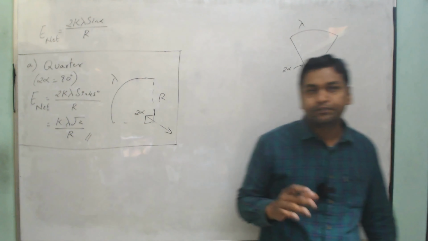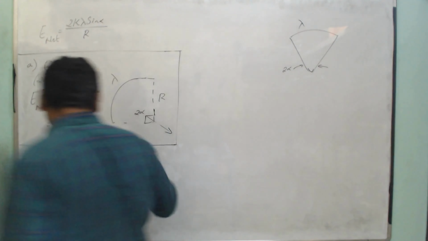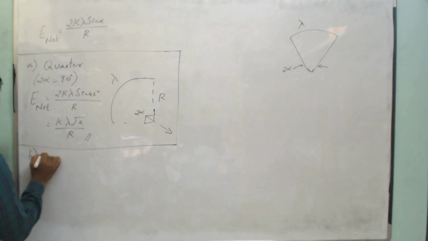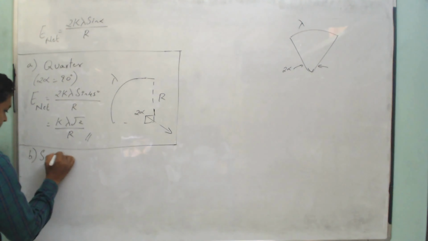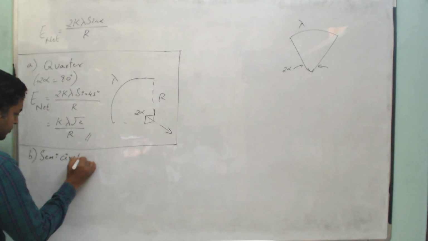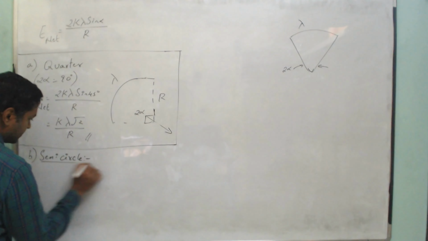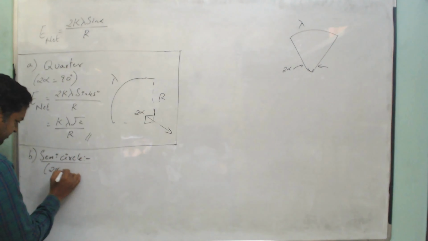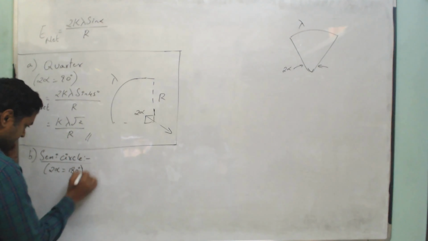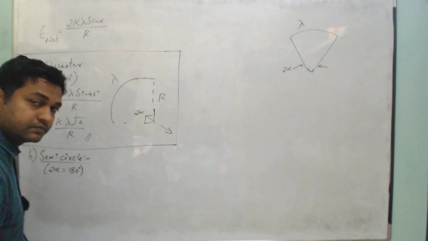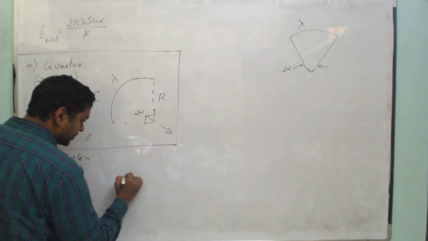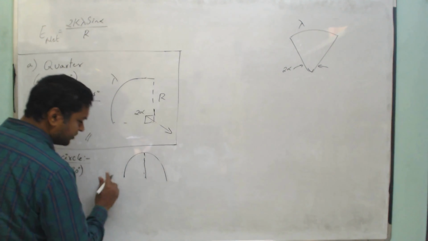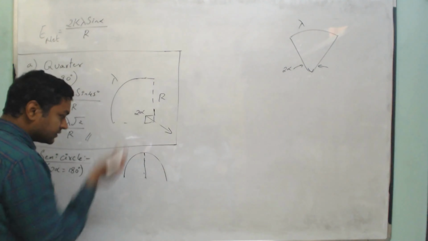And then eventually, whatever the question is, we will convert the lambda in terms of whatever is given. So those questions also we will solve today. So suppose I have a semicircle. For a semicircle, I can say that the angle 2 alpha is equal to 180 degrees. But we can look at it like this also, that my semicircle is made of 2 quarters of a circle.